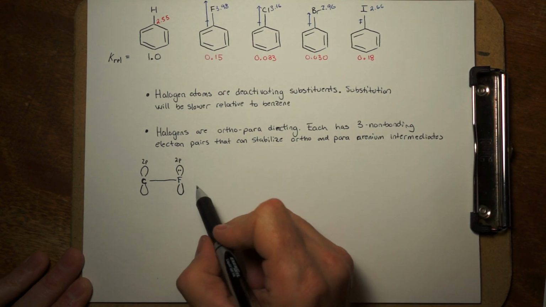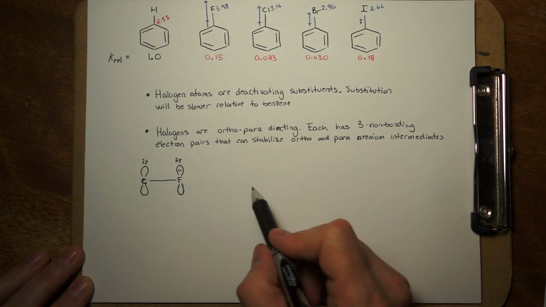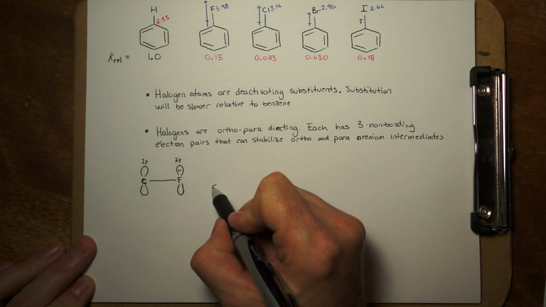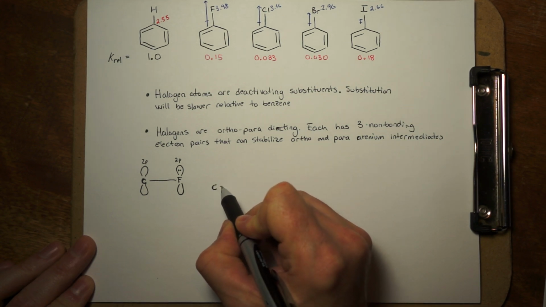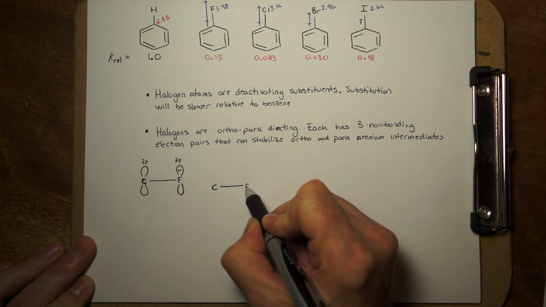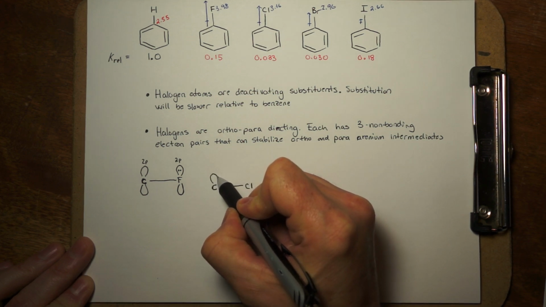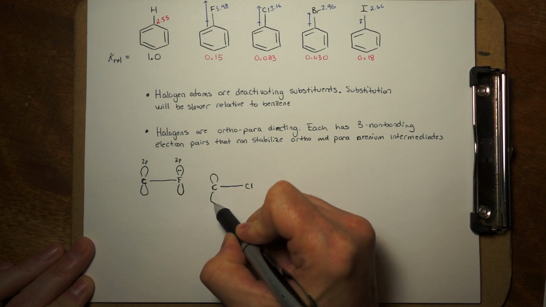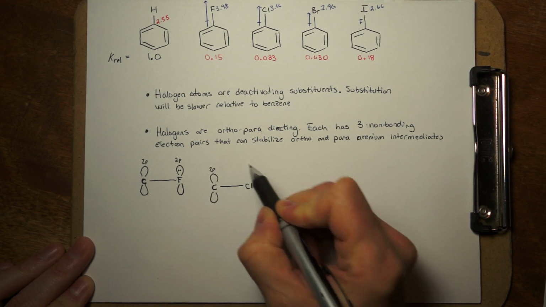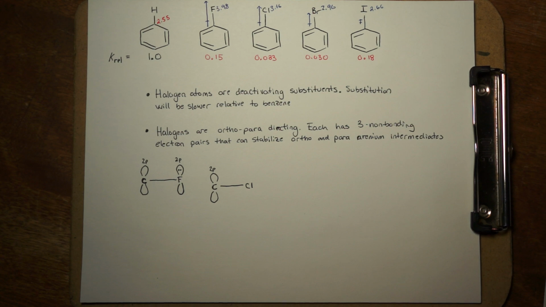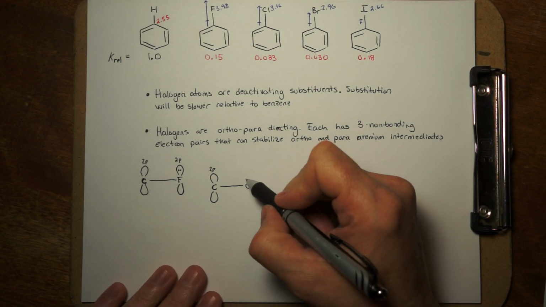Okay? If we look at carbon and chlorine, here's the 2p orbital on carbon. But now chlorine is using the 3p orbital.